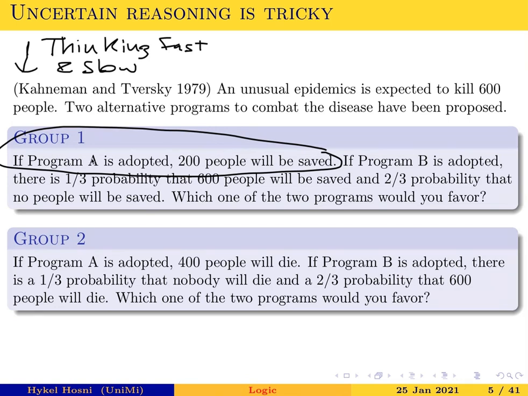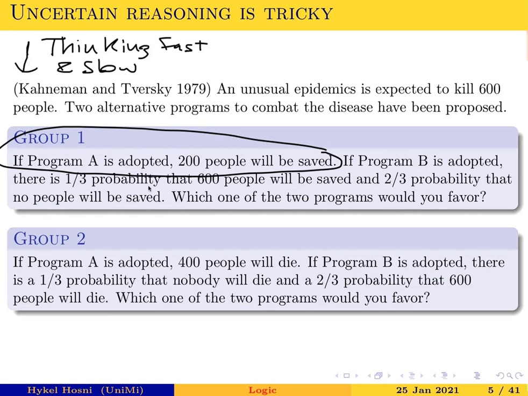So why do I say this is funny enough? Because the two alternatives, program A and program B, are in probability exactly equivalent. In program A you say 200 people will be saved, which means, of course, that 400 will be killed. And program B just says the same thing, but in a slightly more complicated way, apparently.